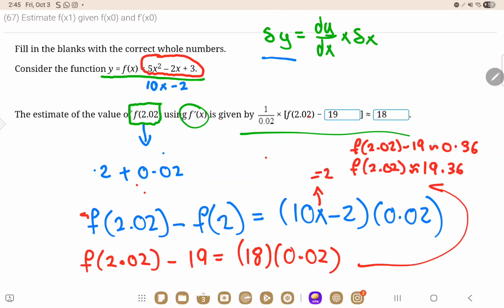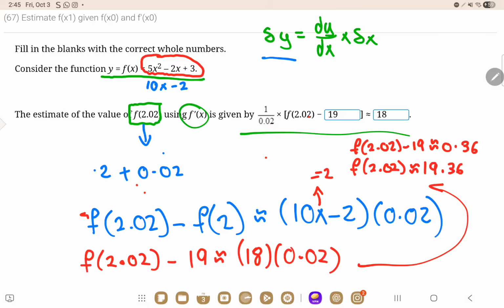You need to write the estimate sign because you're estimating. These are not real values. So my bad, let me change it, because in the written parts we do need to write the estimate sign. I don't know if they'll remove marks for it, but it's the estimate. So f of 2.02 is nearly 19.36. We did not need to solve it, since the question didn't ask us to, but I solved it because I feel like in the exam they're probably going to ask us to.